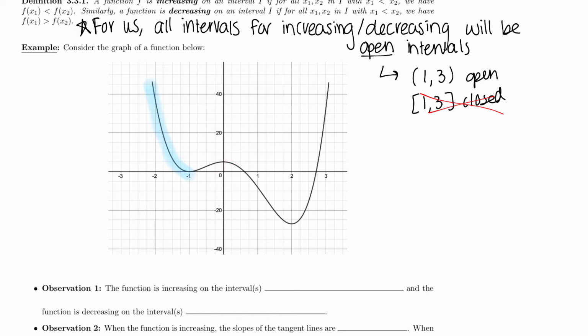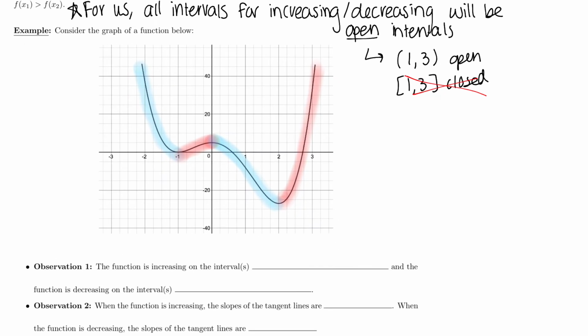Here you'd be walking uphill. Then you'd be walking downhill. And here you're walking uphill. So the function is increasing on these red intervals where he's walking uphill.